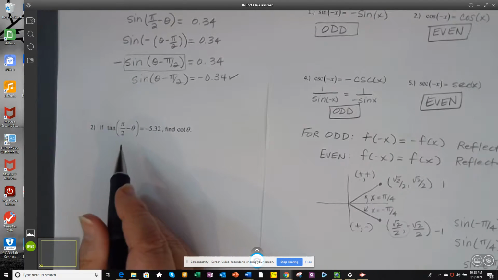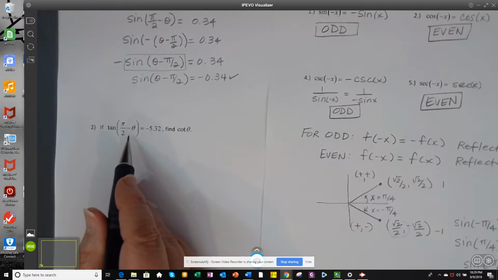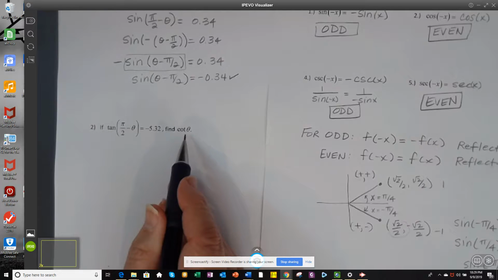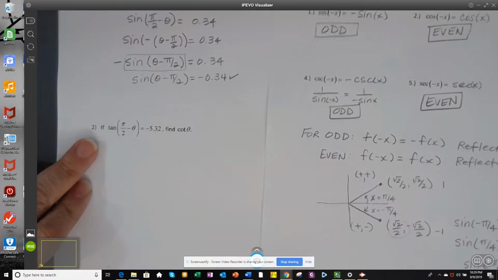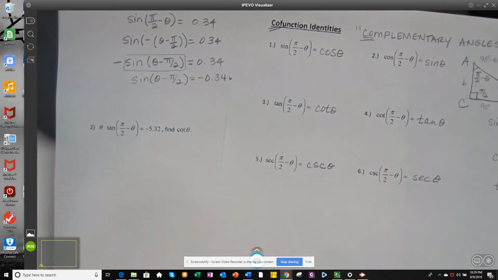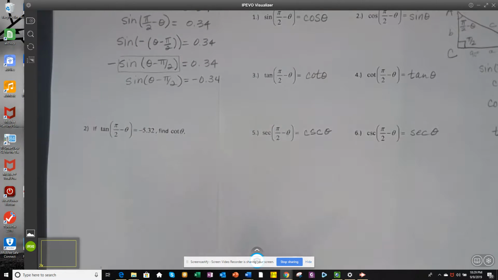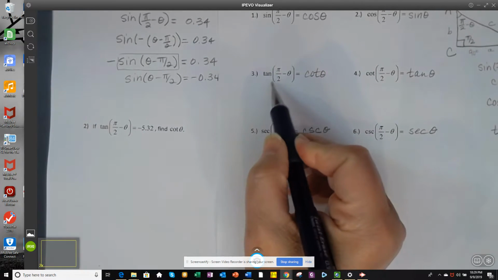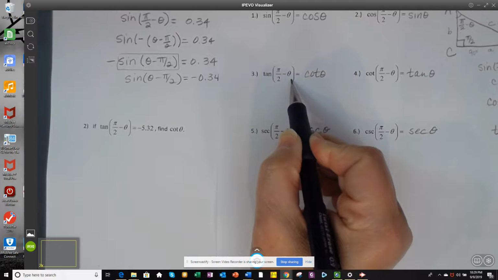I've got the tangent of pi over 2 minus theta equals negative 5.32, and I want to find the cotangent. Well, this one's a really simple one because if I go to my cofunction identities page, the tangent of pi over 2 minus theta is equal to cotangent.